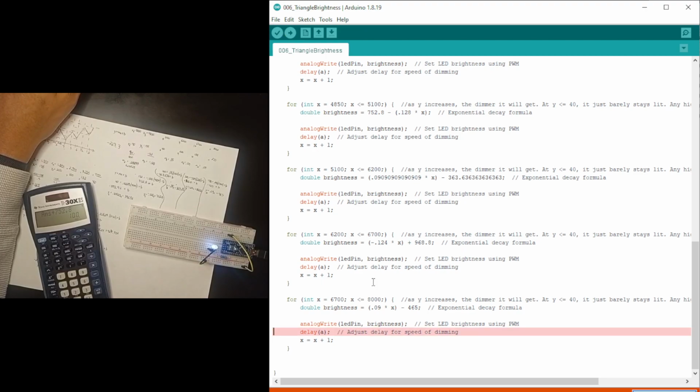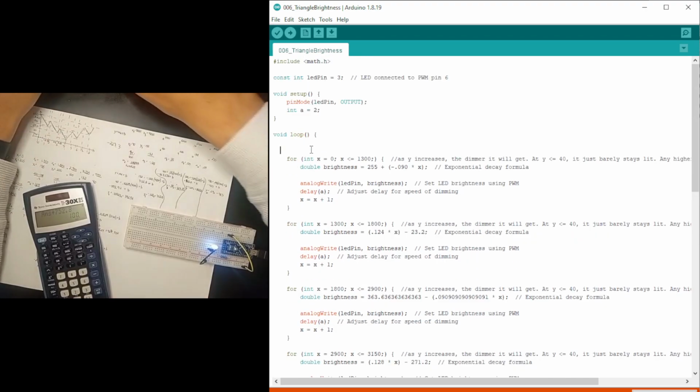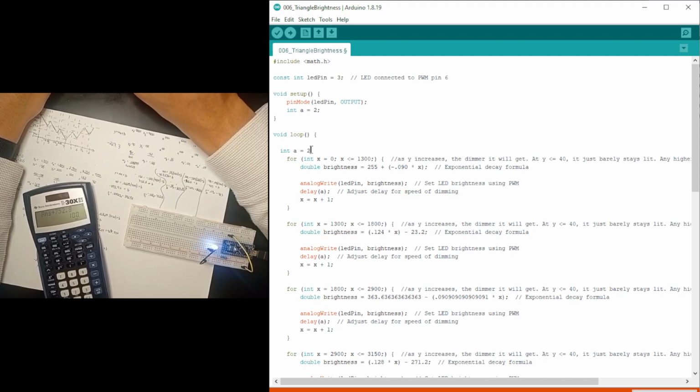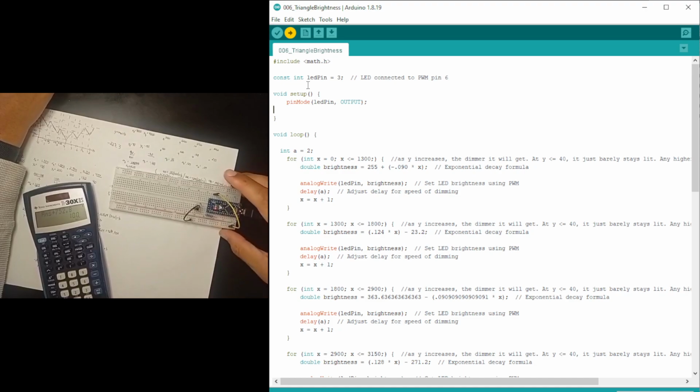Okay, let's see what happens there. Okay, I think I can just put it in here then. Int a equals 2. Delete that. If it doesn't go there, then I think it goes outside everything. No, okay, so that wouldn't do. Still, it has these weird jumping moments.